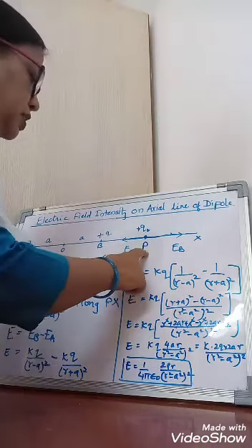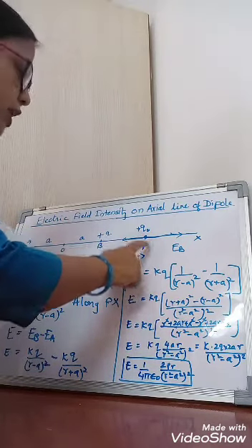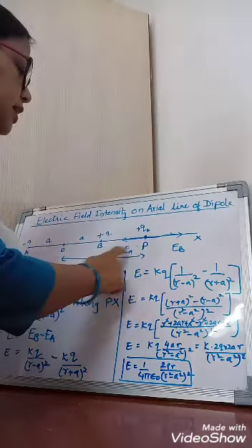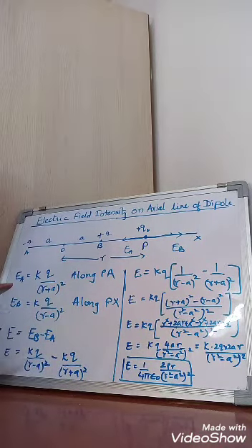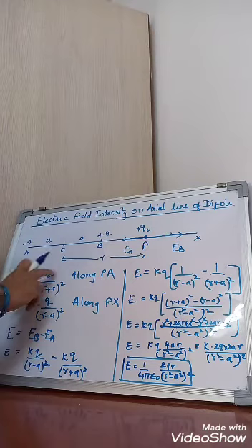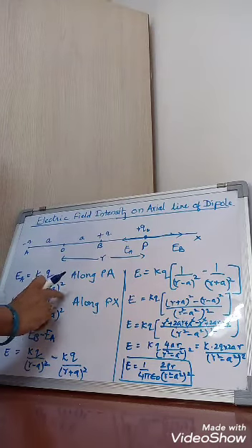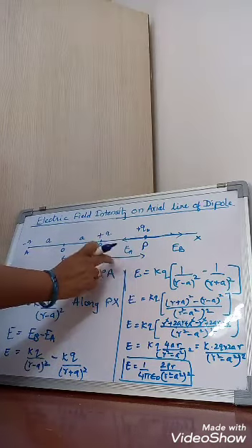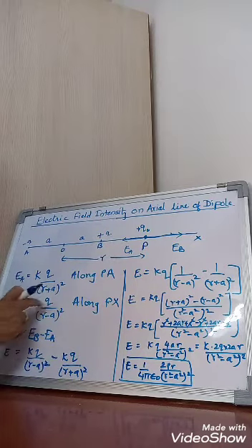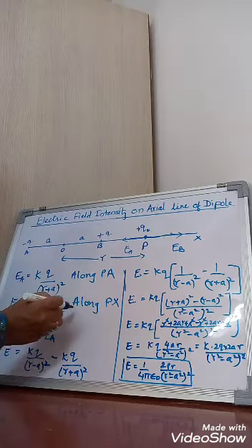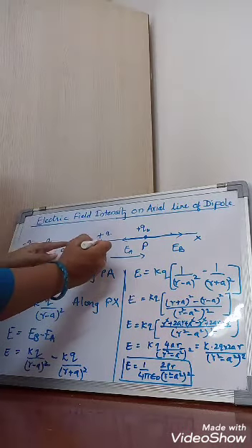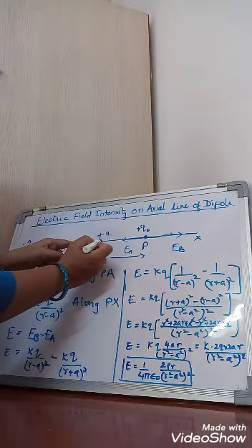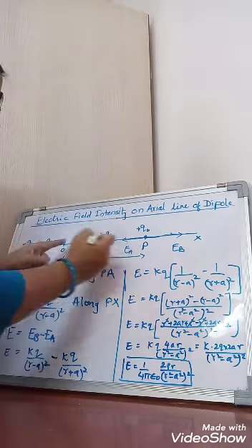At point P, when you consider a unit positive charge, we get EA in this direction and EB in this direction. The expression for EA is written as KQ upon (r plus a) whole square along PA, and EB is KQ upon (r minus a) whole square along PX. Now r is this distance, and since we have to consider the distance from B, we have to take r minus a.